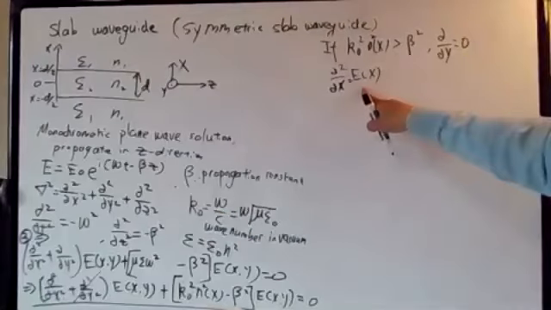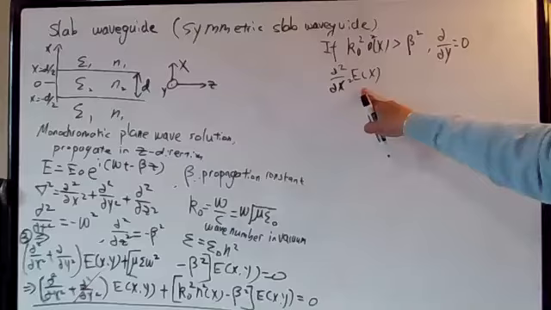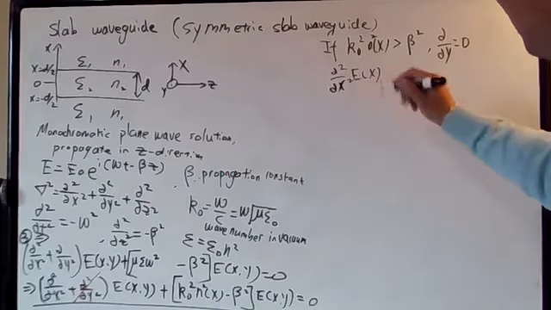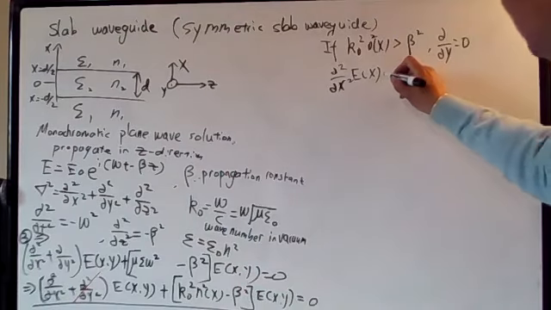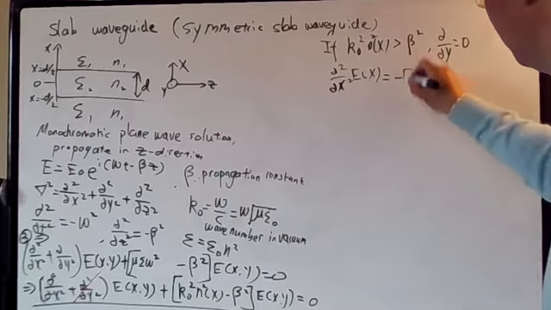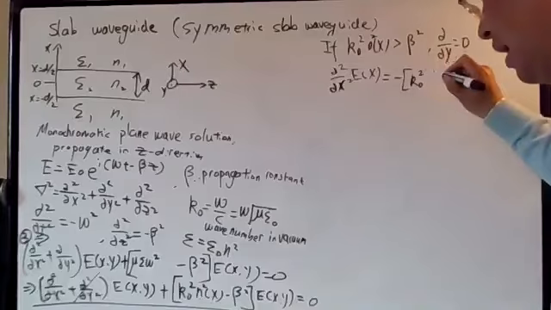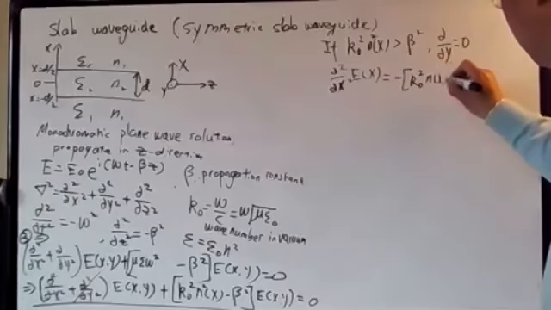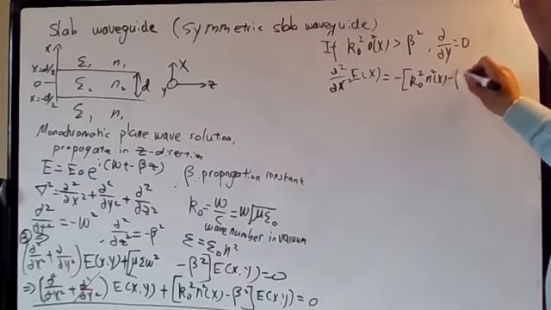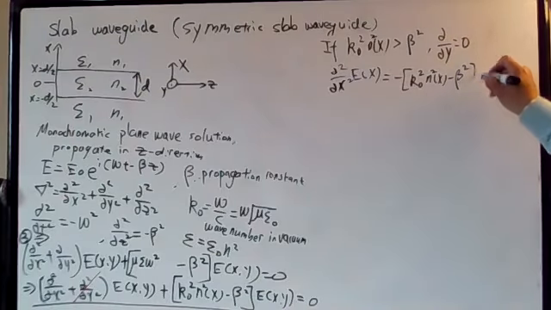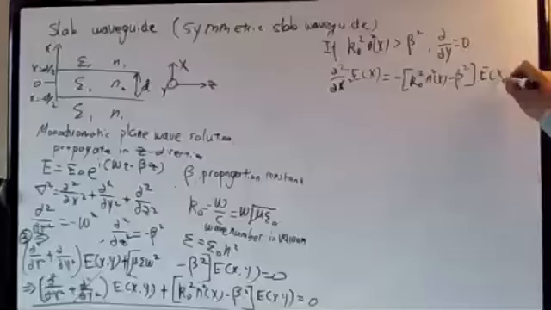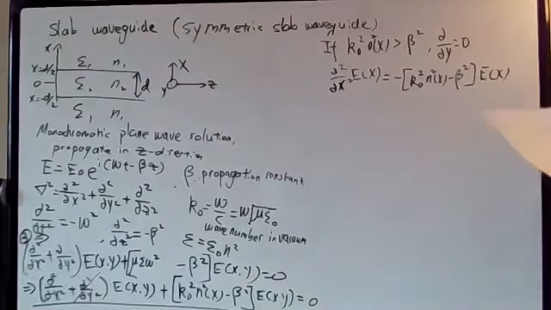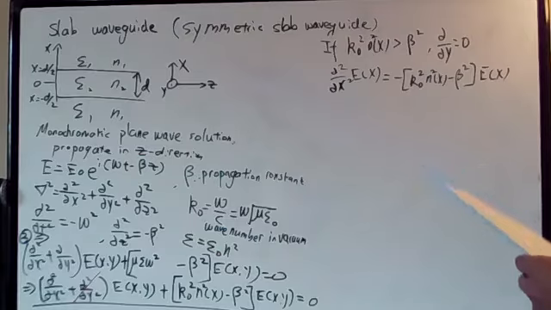So now my E field only varies in x. And then we move this to the right-hand side, it becomes negative k naught square n x square minus beta square, E x. That's the equation we have, right? That's the equation we have. Okay.